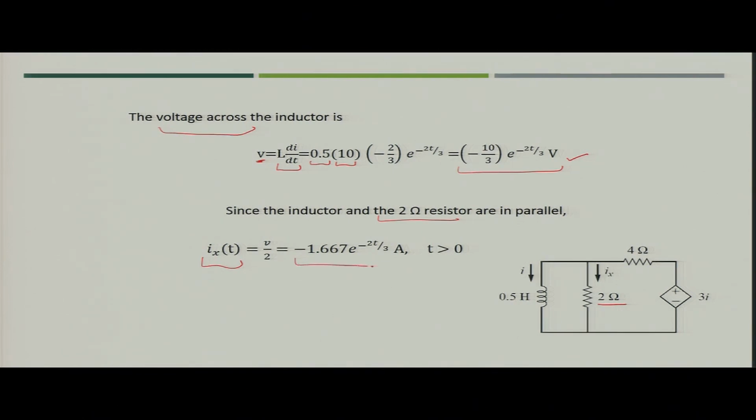So, we finally get the value of Ix as minus 1.667 e to the power minus 2 t by 3 ampere. So, you can use either the Thevenin equivalent or the mesh analysis method using Kirchhoff voltage law, and you will eventually get the same answer. So, we close our RL circuit session today at this point.